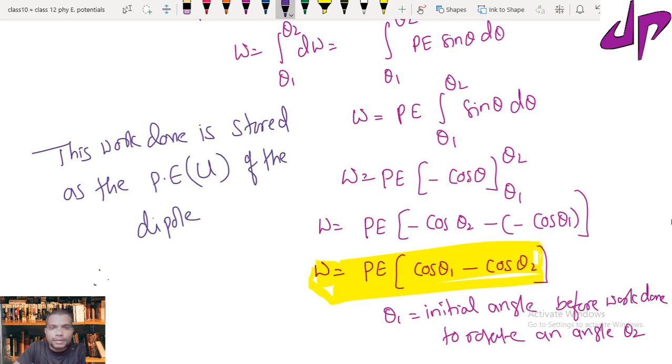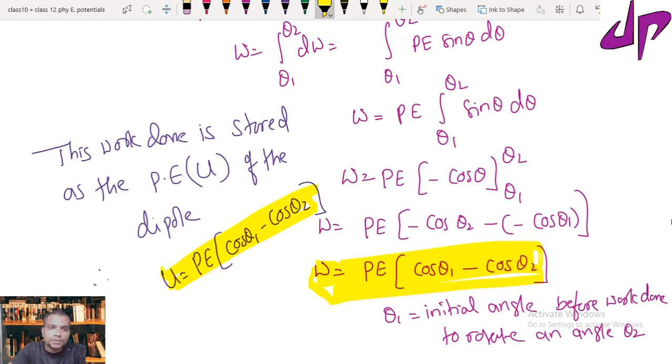Therefore, we can write that U equals pE (cos θ1 minus cos θ2). So this is the final expression for the potential energy of an electric dipole in an electric field.